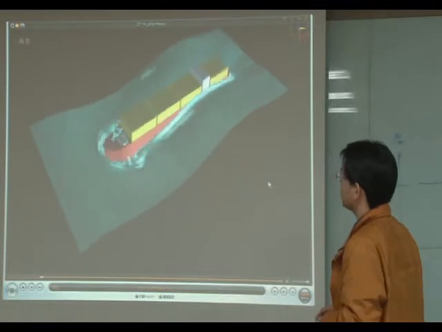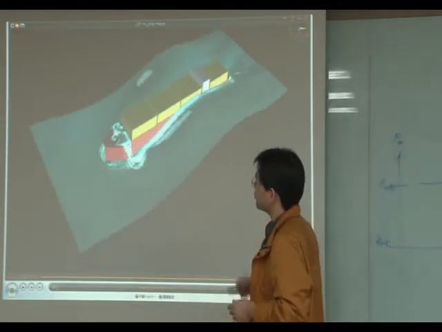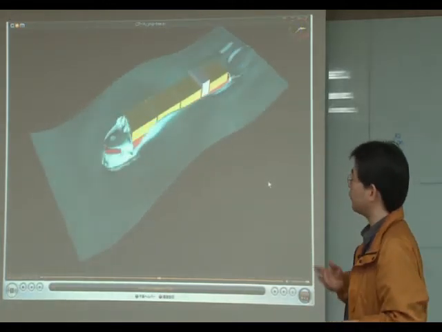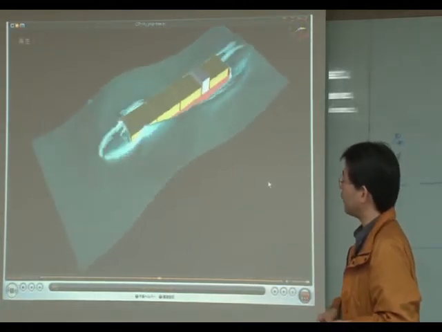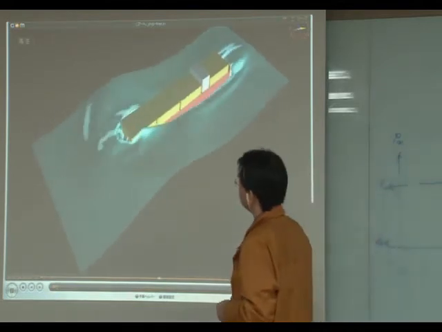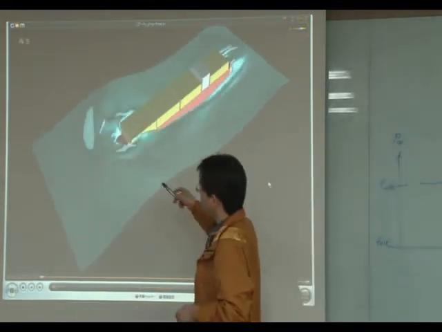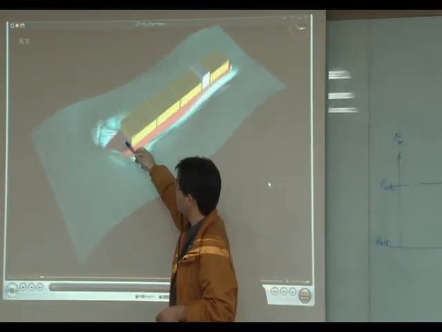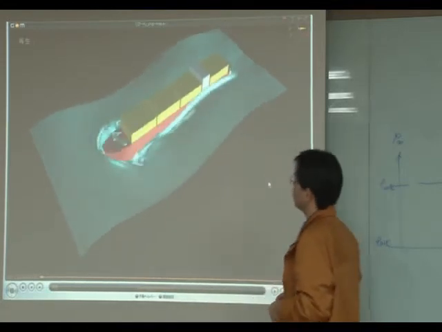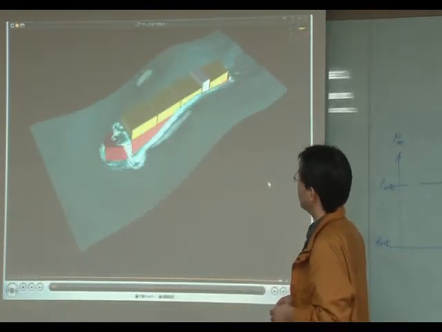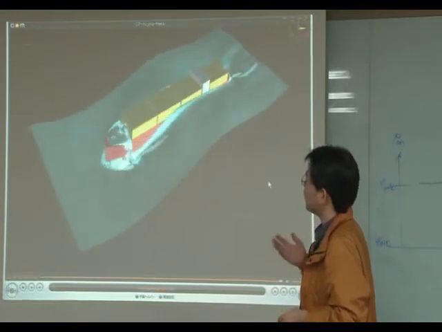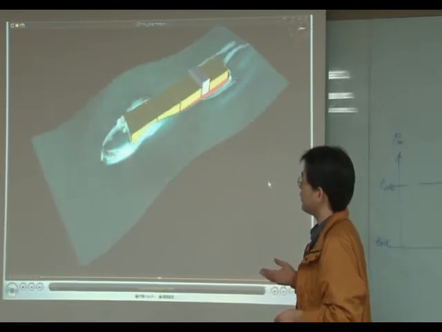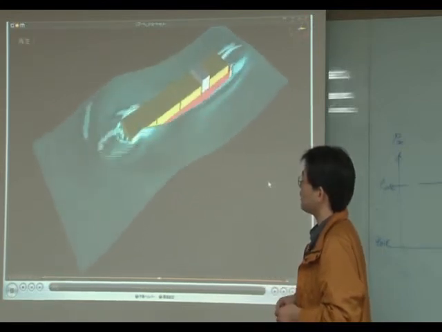This shows the green water problems of a tanker ship, a container carrier. In the CIP method, the green water on the forward deck is reproduced, and the resultant force is very similar to the experimental result.